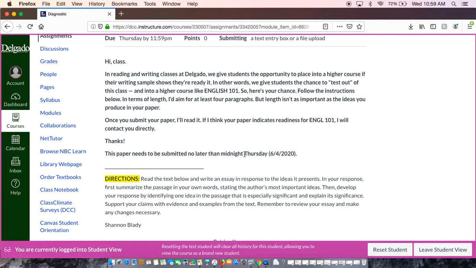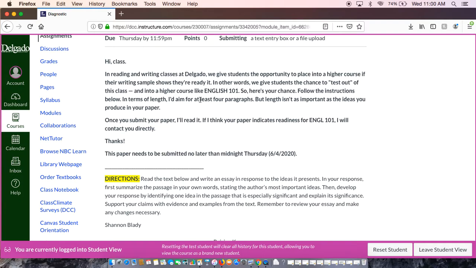I imagine that you're again wondering how long it has to be. And I said aim for at least 4 paragraphs. Length isn't a sign of good writing. Ideas that feel important and expressed well and real and sincere and authentic and meaningful, that's a sign of good writing.